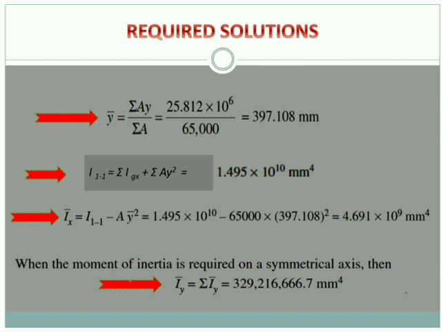Sorry, here Igy has to come. I have told you which figure this is from the table while writing I bar y is equal to summation of Igy is equal to 329, whatever the number is. So this is your first example where I have gone in detail.